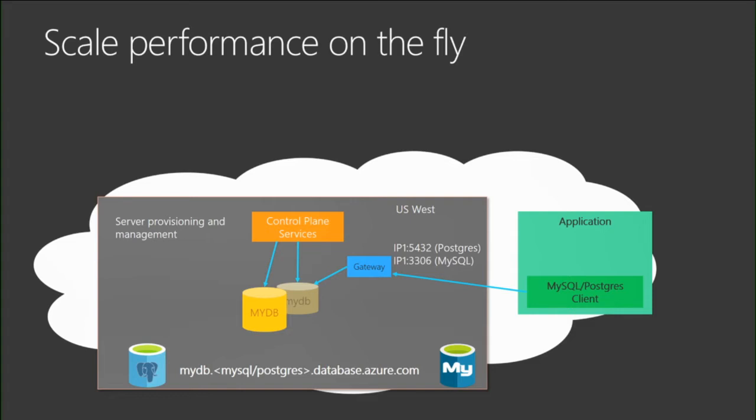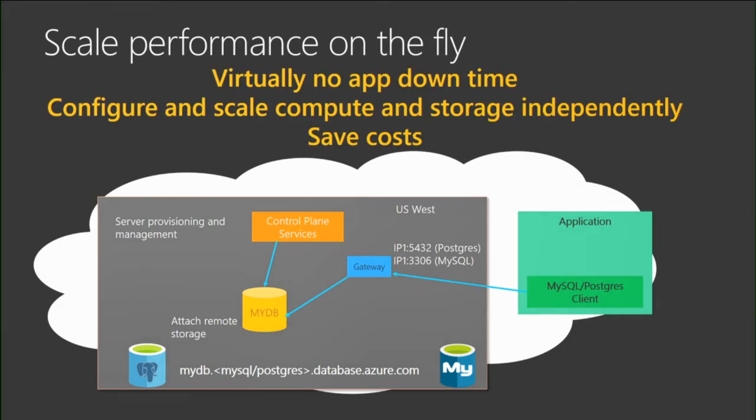Once the new server is created in the cluster, we detach the storage from the old one, attach this remote storage to the new one, and the application tries to connect and you're connected to your database. All of this happens in tens of seconds. That's what we mean by minimal downtime, and you can configure and scale compute and storage independently.